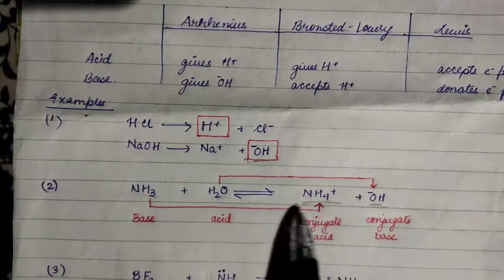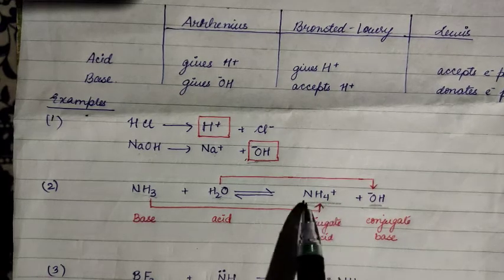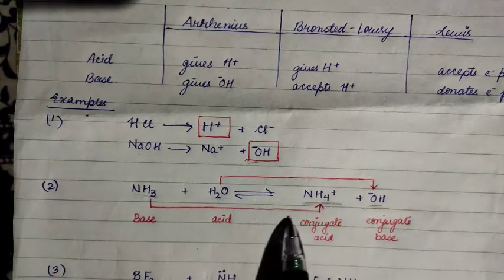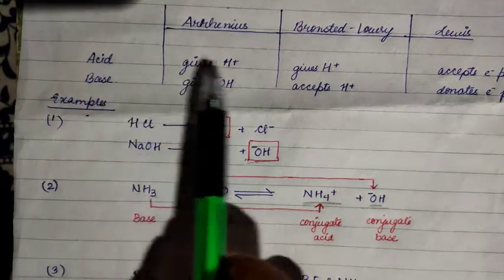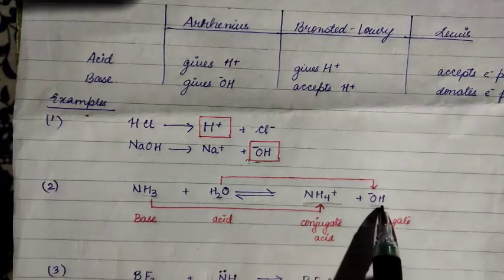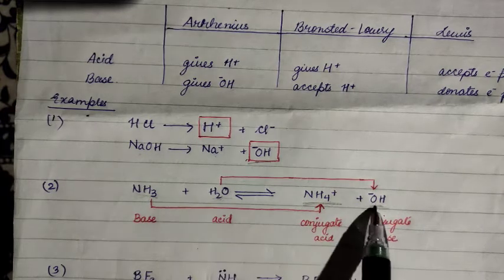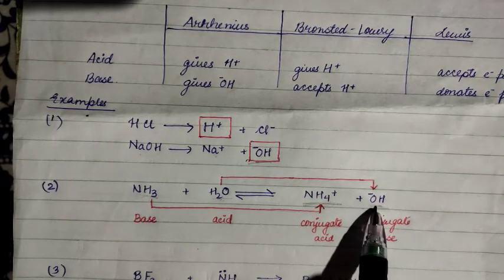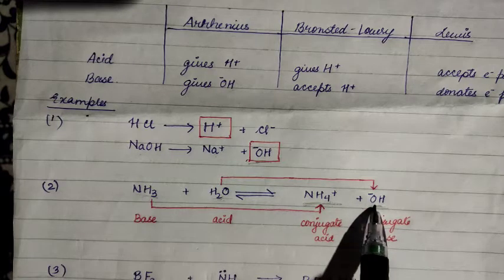If you look in the backward direction, this particular ion is releasing the H positive, so it is termed as an acid. Clear? And OH negative has accepted the hydrogen ion and is becoming H2O.